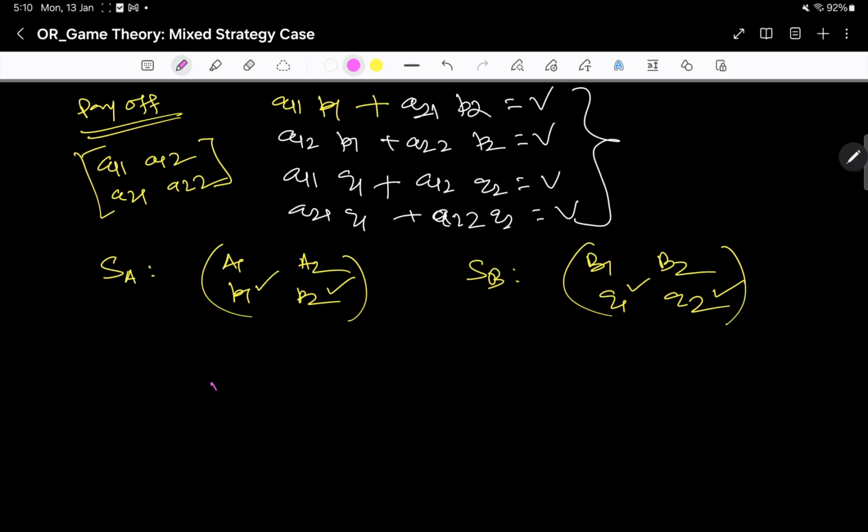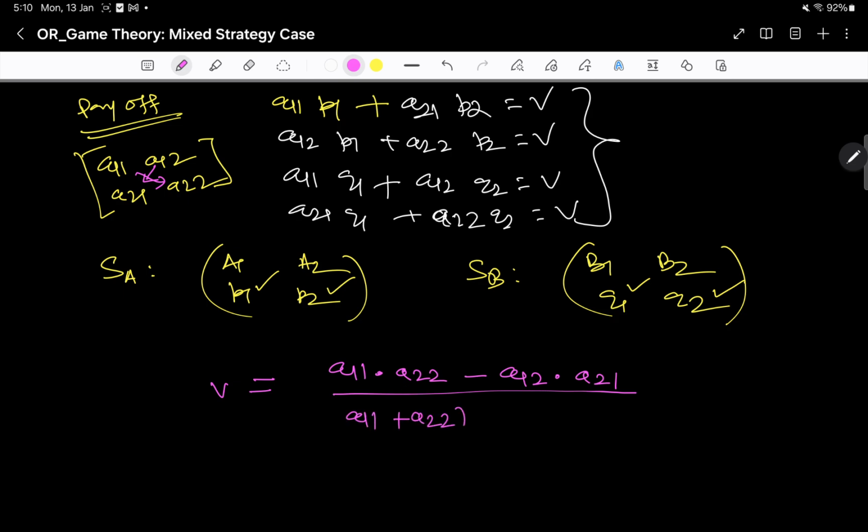The value of the game V will be A11 into A22 minus A12 into A21, and in the denominator it is simply A11 plus A22 minus A12 plus A21.